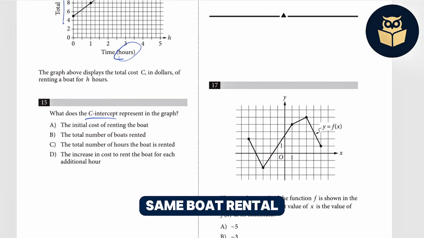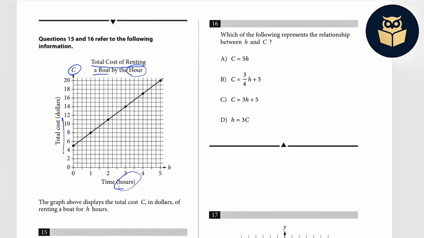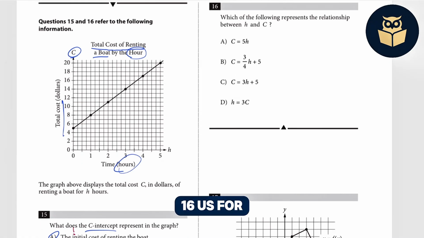Building on the same boat rental scenario, question 16 asks for the equation of the line. We know the c-intercept is 5, which gives us our b value.